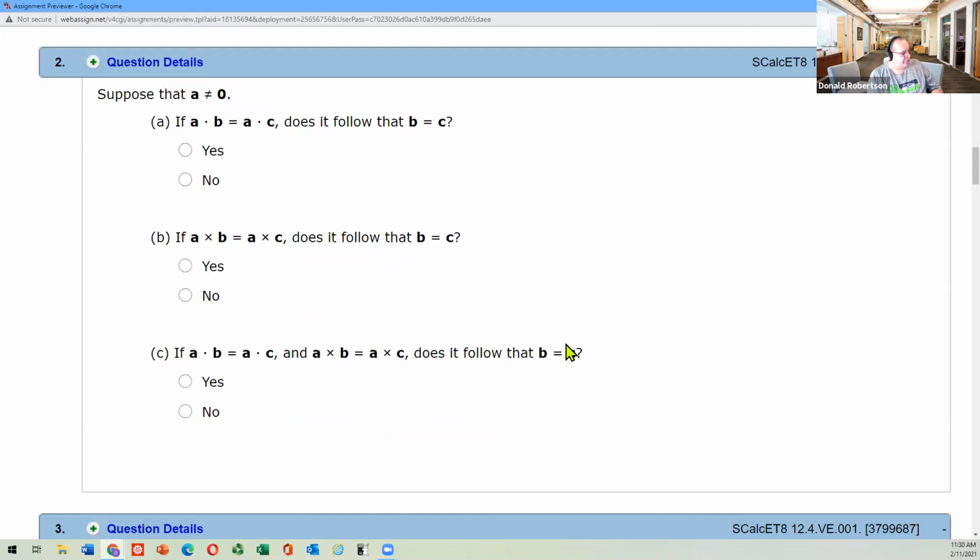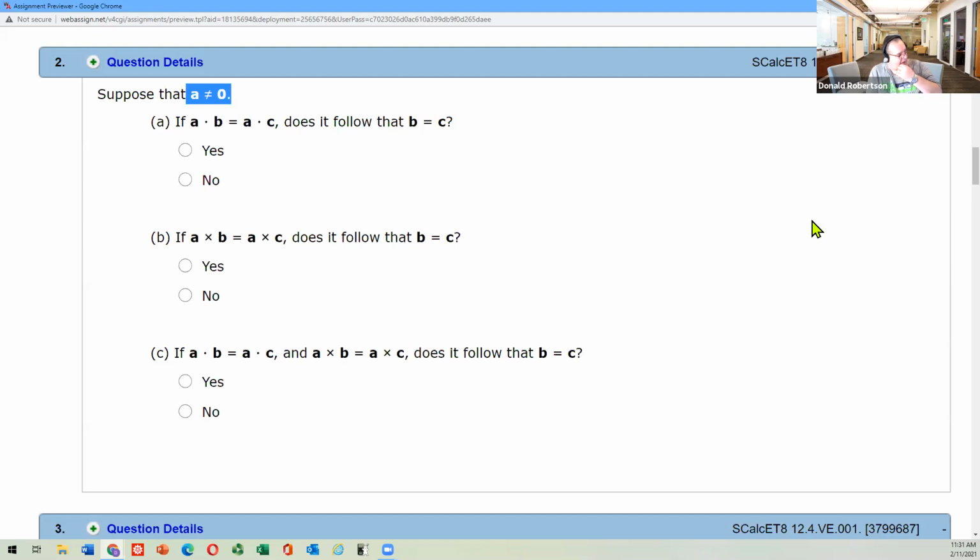And here are some conceptual questions, whether or not these are true. So yes, it's true, or no, it's not. If A dot B is equal to A dot C, and none of them is a zero vector, does it follow that B and C have to be the same?